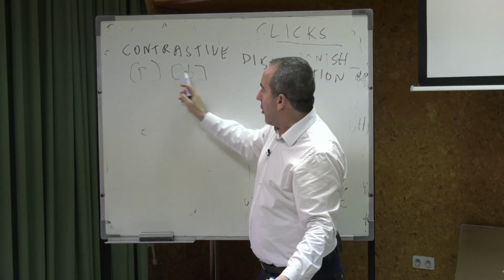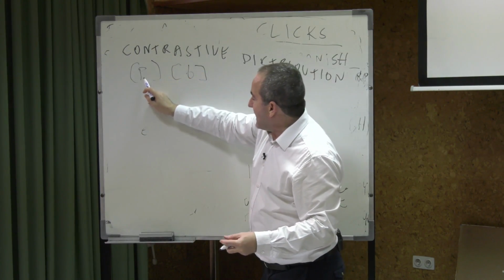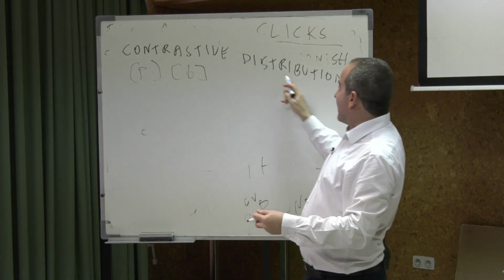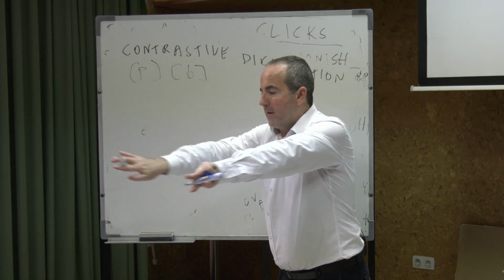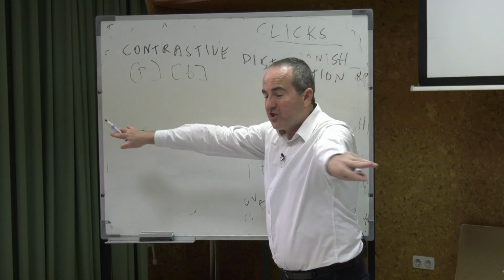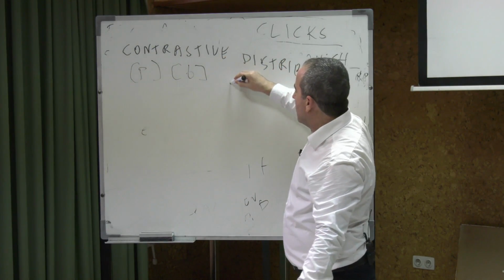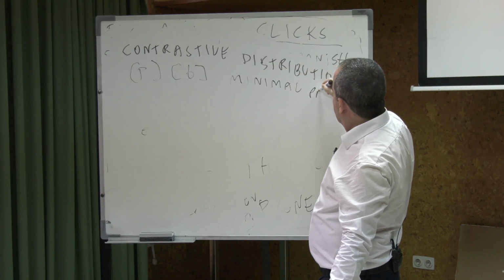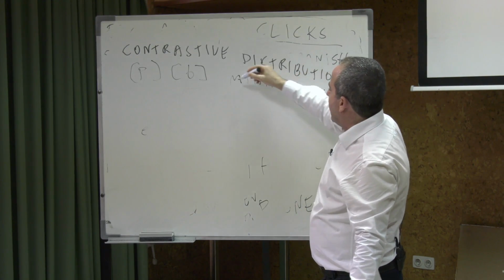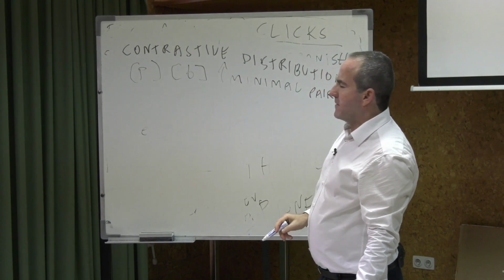Okay, so I know that P and B are in contrastive distribution because they let me make distinctions in meaning. Okay, if I find minimal pairs, I have a case of contrastive distribution.